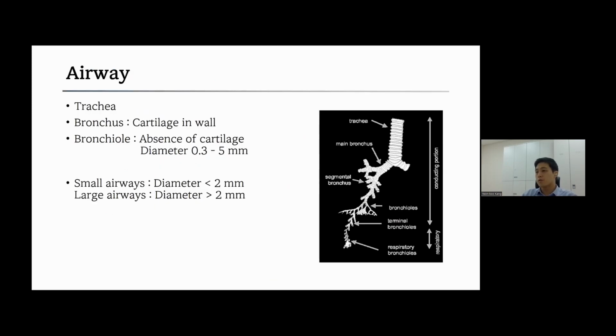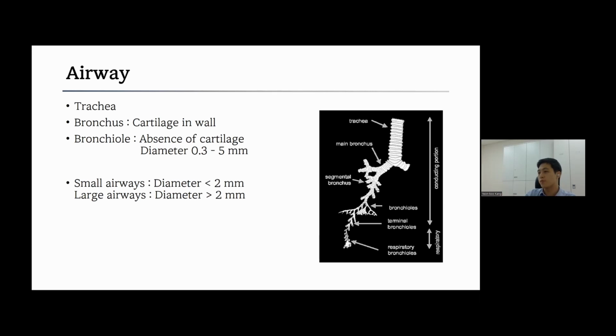Let's take a closer look at the airway. As I just mentioned, the trachea is the highest level of the airway with the largest diameter. The trachea is then divided to the main bronchus for each lung, then lower bronchi, segmental bronchi, and subsegmental bronchi. After several steps of division, the airway comes to bronchioles.